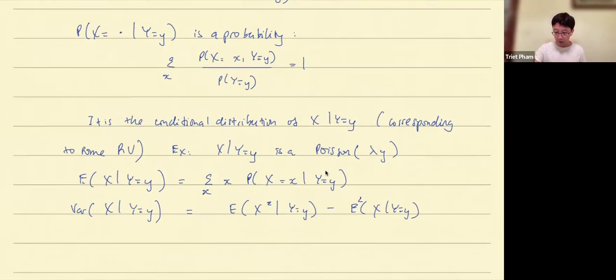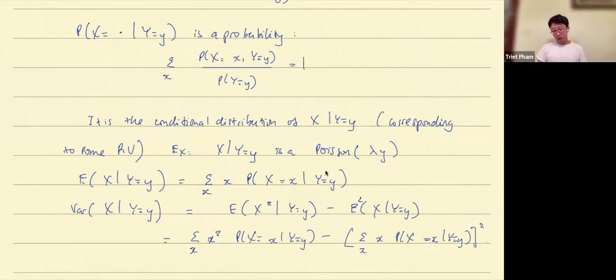The first term follows the same formula, but only with x squared, and then the second is this sum squared.